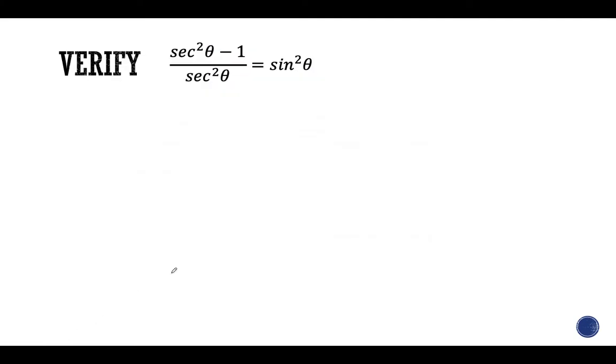So here is that identity. Now, I'm actually going to use this problem to prove an important point, and that is that there is no one correct way to do this problem, right? Your job is to show how we get from the left side to the right side, right? That's your goal.